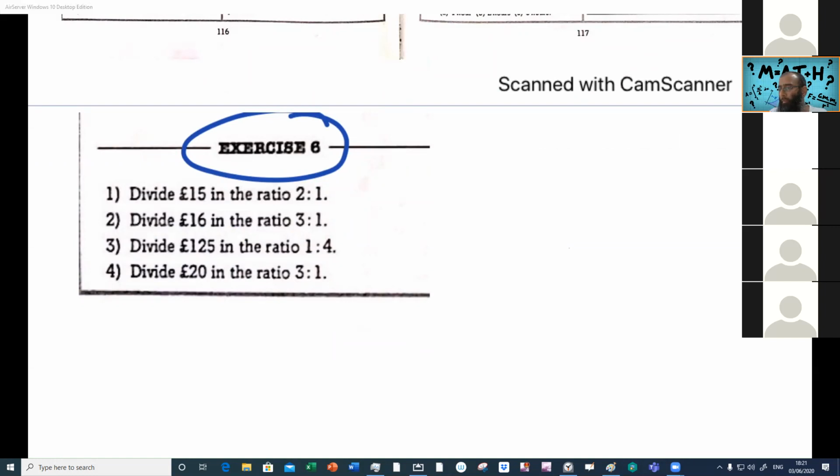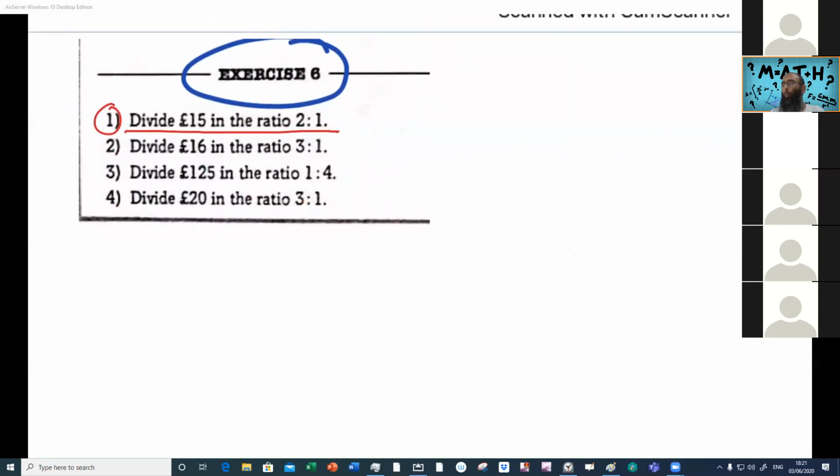Let's have somebody join in with us. Let's have Eliza. Eliza, unmute please, and let's get cracking with me on question number 1. It says divide £15 in the ratio of 2 to 1. What does that mean?